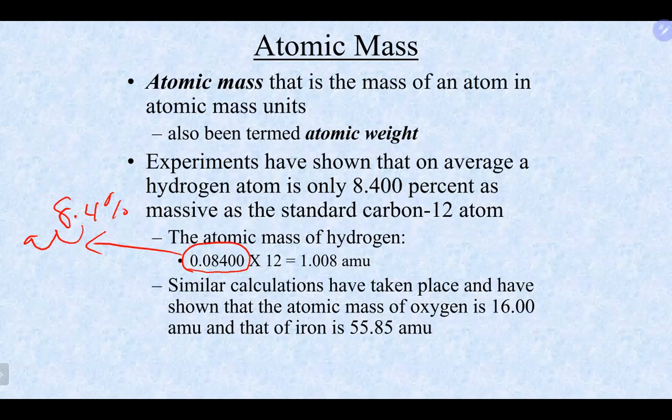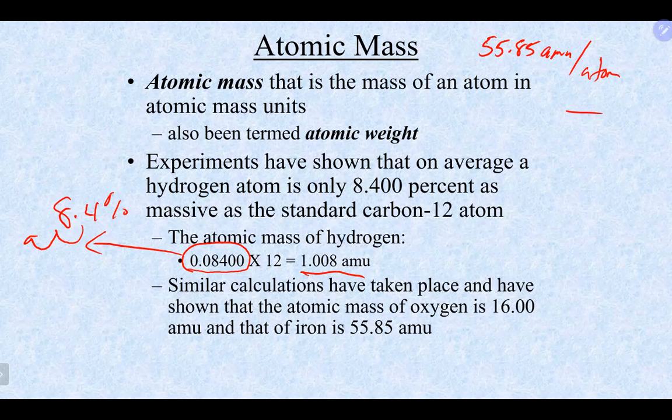So they take 8.4% of the atomic mass of carbon-12, and you get something like 1.008 AMU as the atomic mass of hydrogen. Similar calculations were done for every element on the periodic table. You can take those numbers off the periodic table as, for example, for iron, 55.85 AMU per atom.